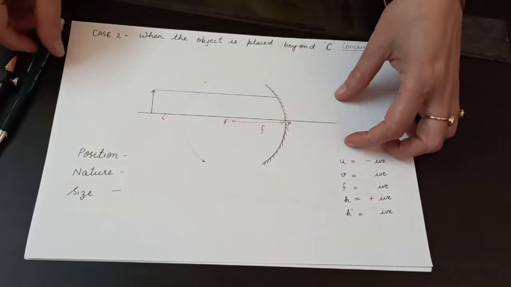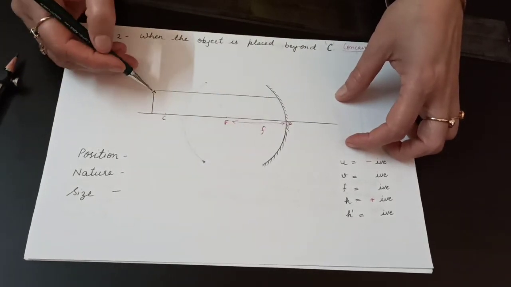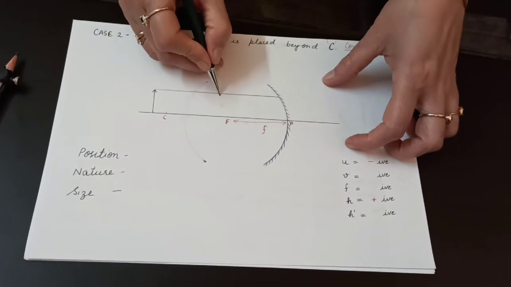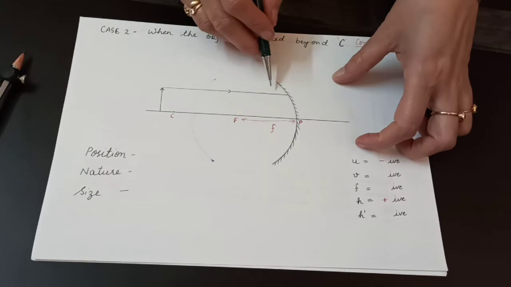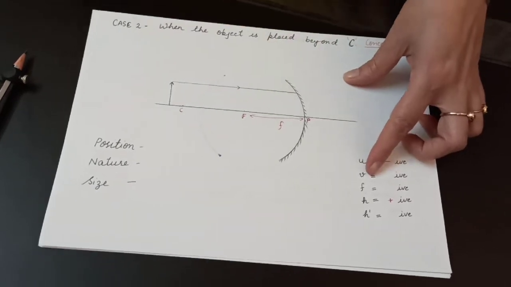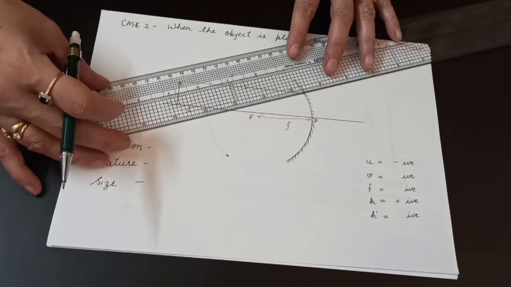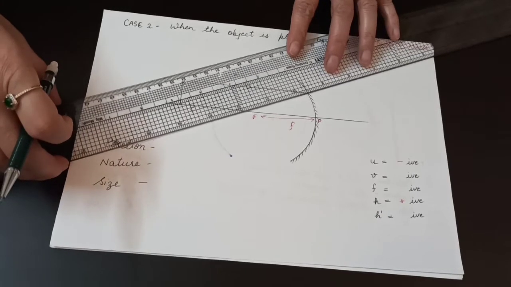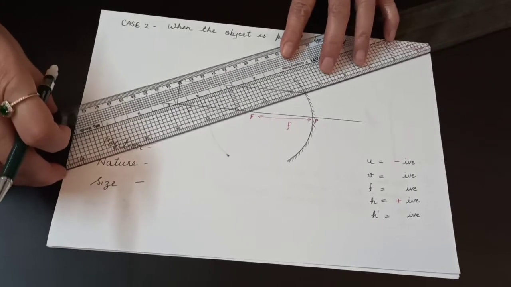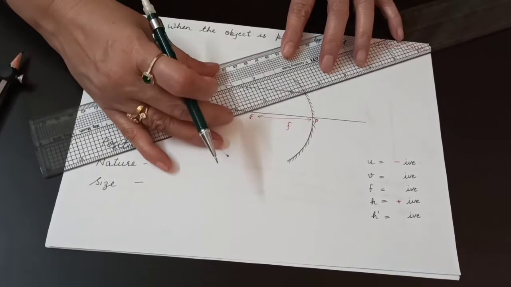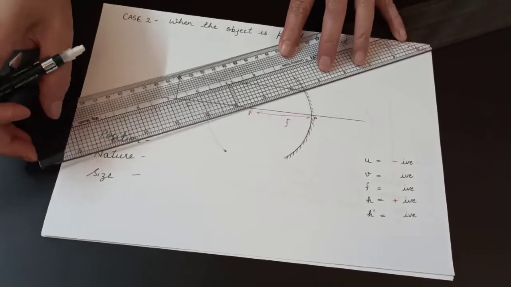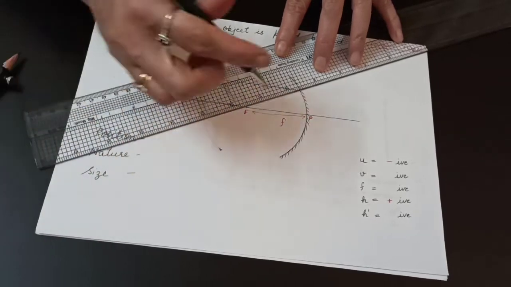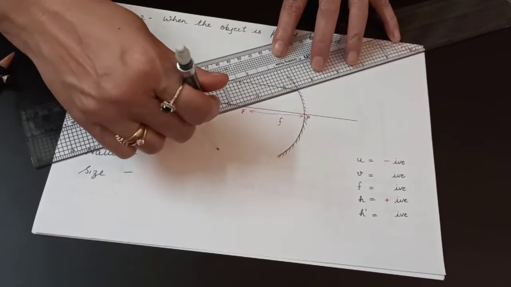So if the object is beyond C and the ray of light that we are considering is parallel to the principal axis, as the rule says, it will bend towards the principal axis and will pass through focus.